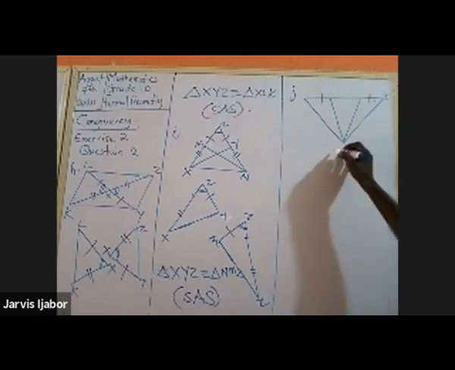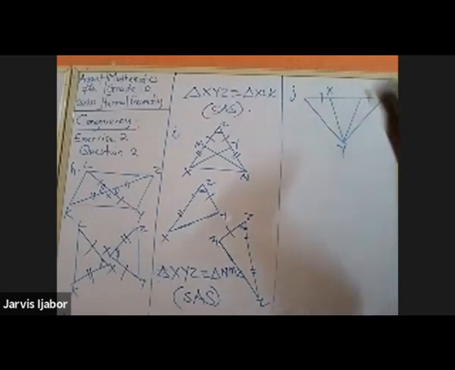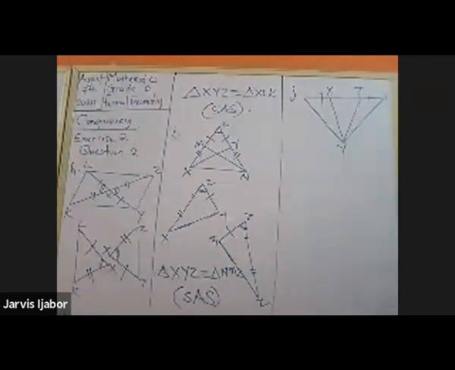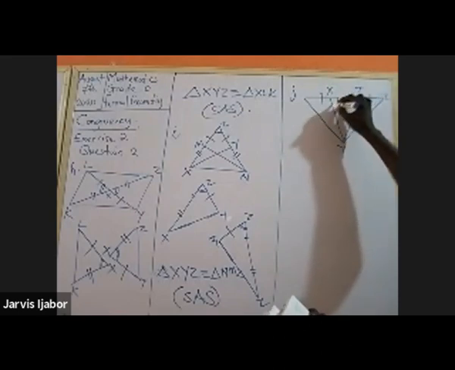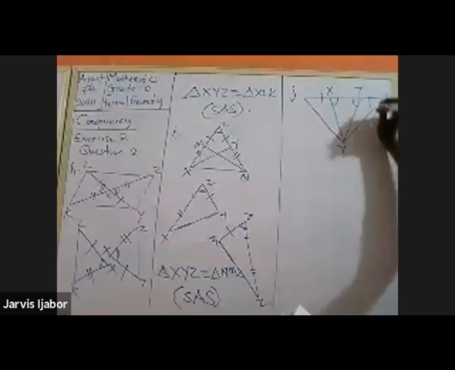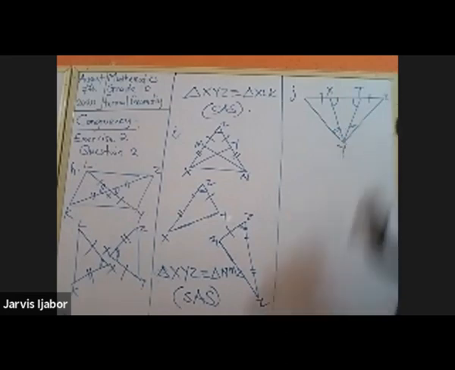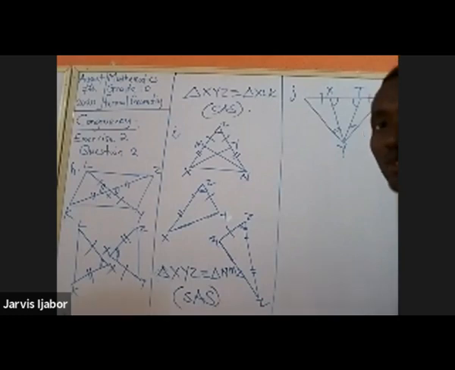Z, Y, X, T. This angle is equal to this angle, and this angle is equal to this angle. Now let's draw the figure out. That's where there is a bit of job for you. Draw the figure out. Let's draw the figure out.